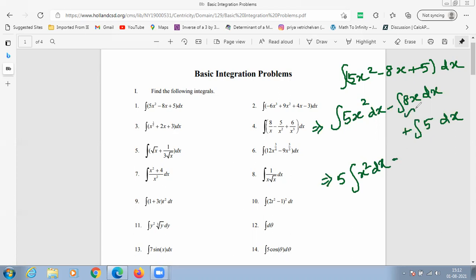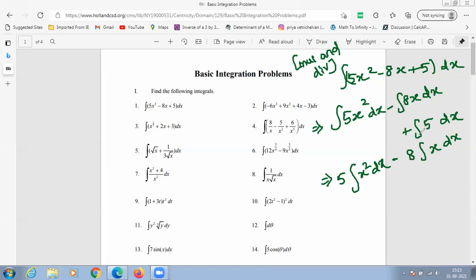Similarly here you do have 8x. You can take the 8 outside since the 8 is in multiplication with the x. You have to take the constant outside only if it is in multiplication or division. You're not supposed to take the constant out if it is in addition or subtraction. So remember, you can take it out only when it is in multiplication or division with the variable.